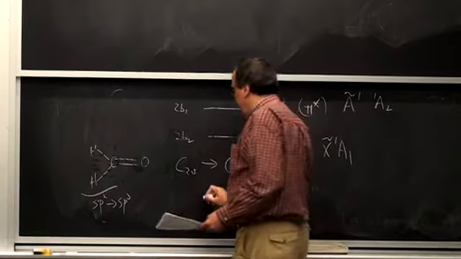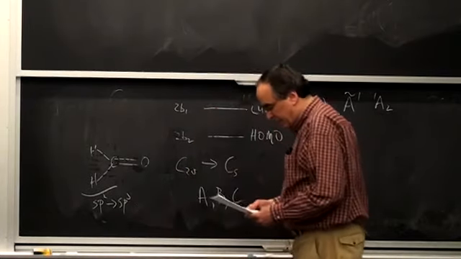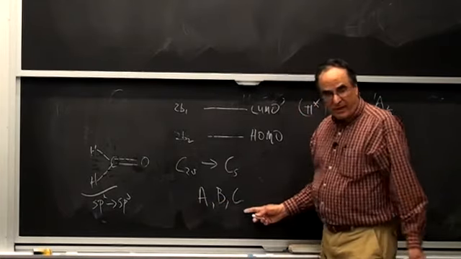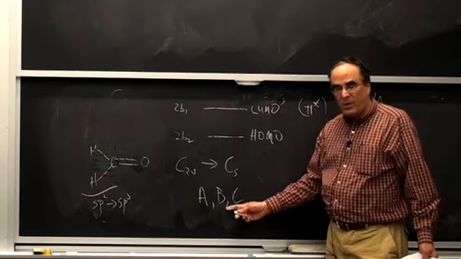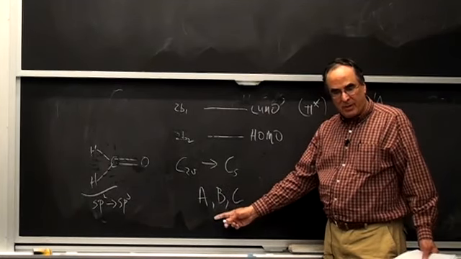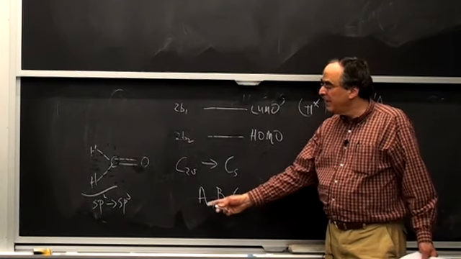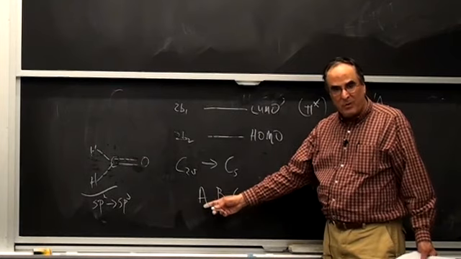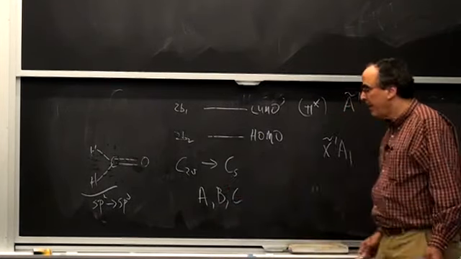Okay, there's more evidence. From the A, B, and C rotational constants, you can calculate the inertial defect. For the ground state, the inertial defect is very small and negative, which is what you expect for a planar molecule, because the A, B, and C rotational constants are not the equilibrium constants, but those for V equals 0, where already you have a little bit of zero-point amplitude out of the plane.